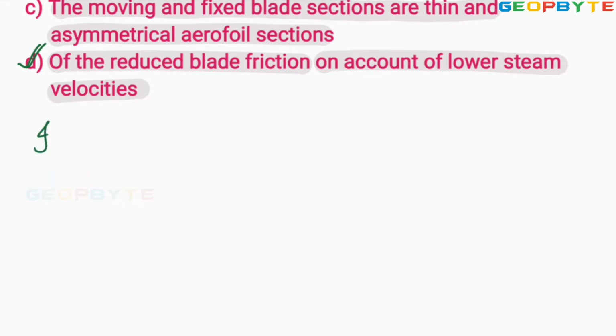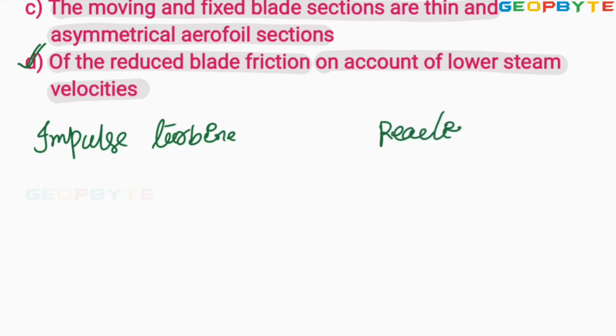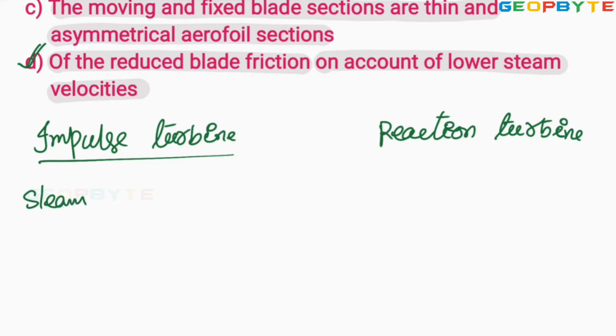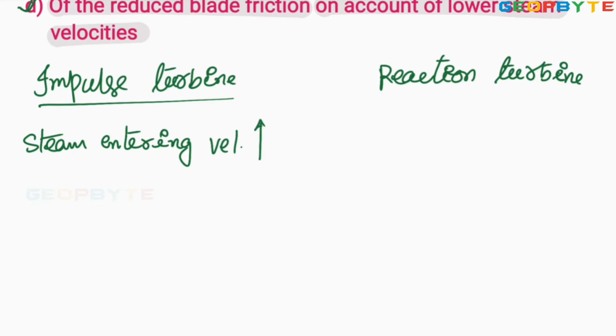If you take the impulse turbine and the reaction turbine, the steam entering velocity in the impulse turbine is very high.